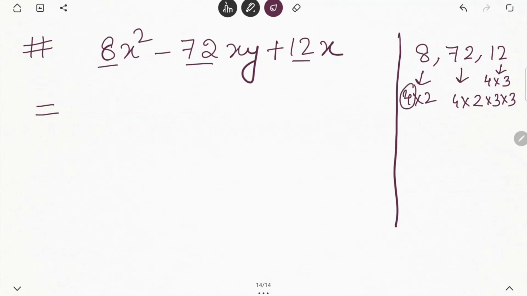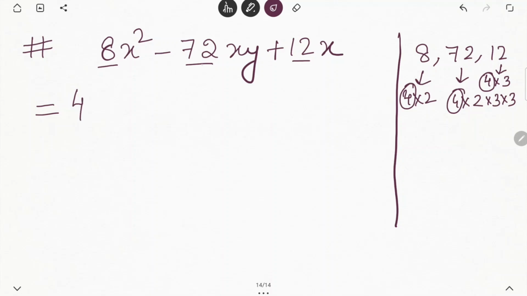So I find that in all the three numbers I have 4 common. Okay, so without breaking it, if we can manage to do it orally, we can apply this. So from here I get 4 common, so I'll write 4.